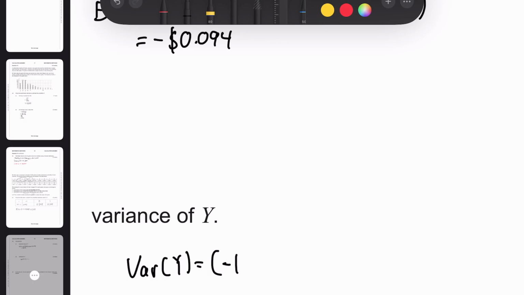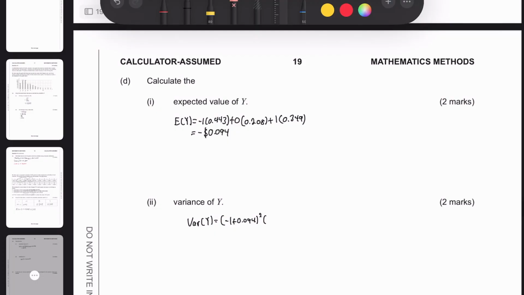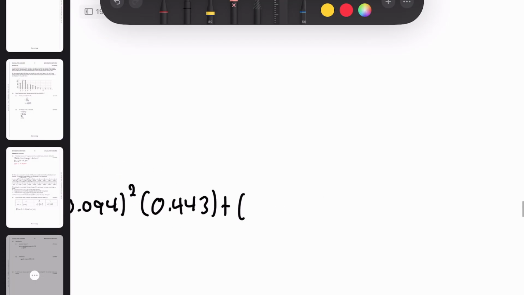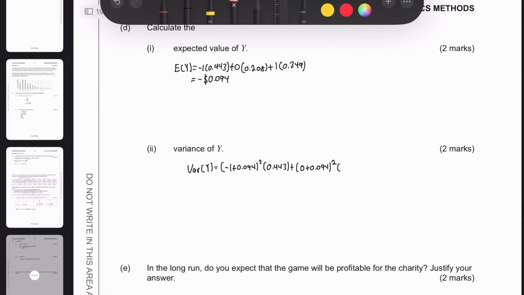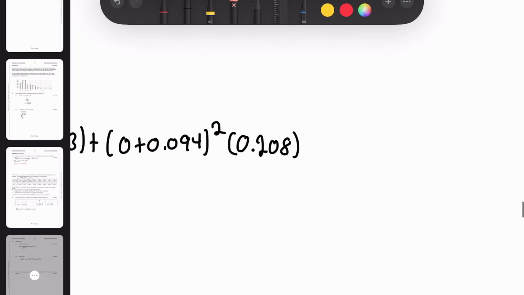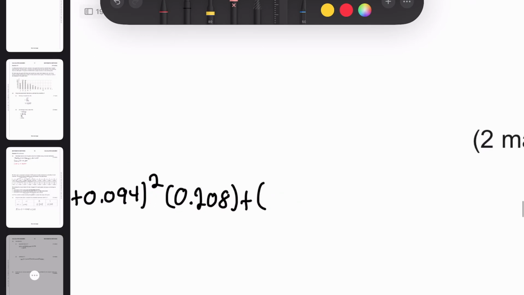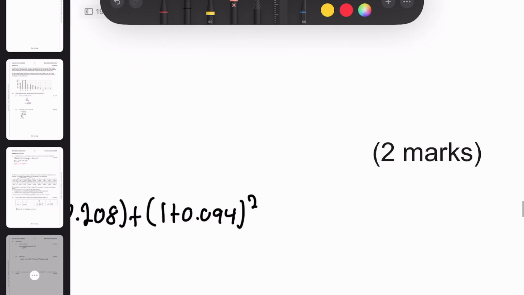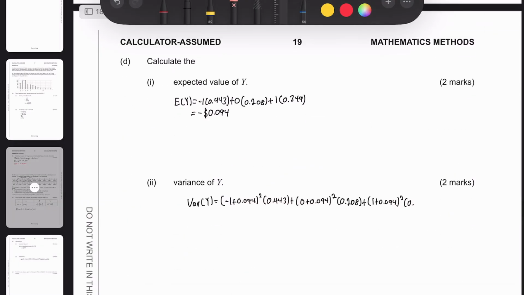This is going to be plus, because we're going to have minus 0.094 squared times 0.443, plus 0 plus 0.094 squared times 0.208, plus 1 plus 0.094 squared times 0.349.